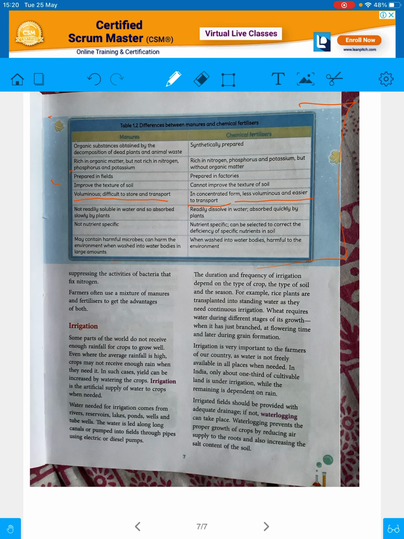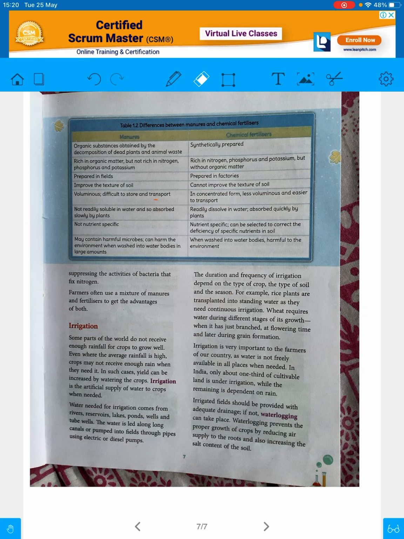What happens is, as we have learned, in manure there is a very small amount of nutrients. So we have to add a huge amount of manure to get some amount of nutrients for the plants. But we know that in chemical fertilizer, what happens? The fertilizers are in what? Concentrated form, and that is why a small amount of chemical fertilizer is enough to give nutrients to the plant.